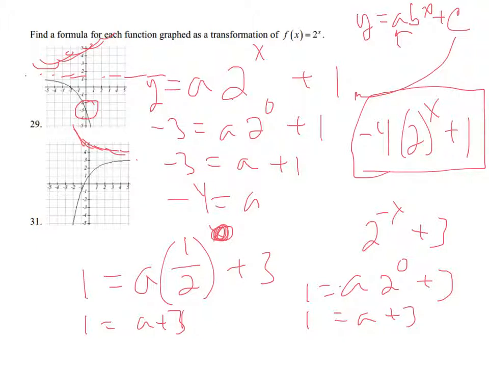Same math, subtract 3, I'm going to get -2. So this function should be y equals -2 times 1/2 to the x power plus 3. And that kind of confirms what I was thinking. The leading coefficient's negative. That tells me it's reflected around the x-axis, around this line, y equals 3. So we're good. I think that's it.